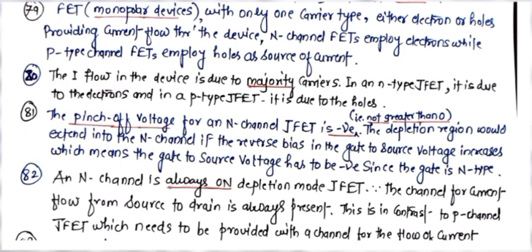An n-channel JFET is always a depletion mode JFET, since the channel for current flow from source to drain is always present. This is in contrast to P channel JFET, which needs to be provided with a channel for the flow of current.